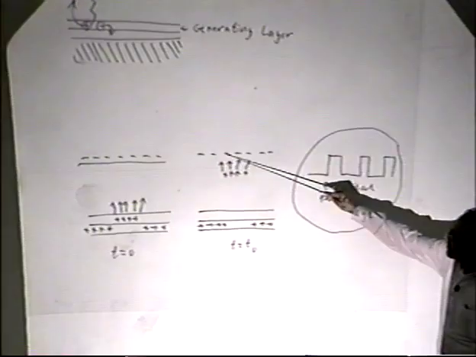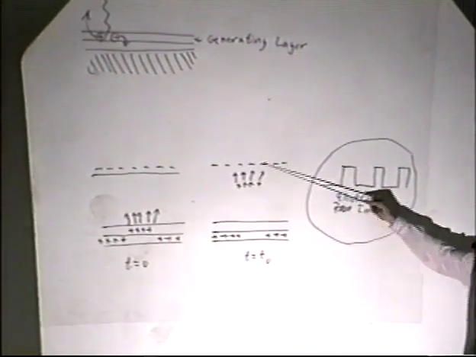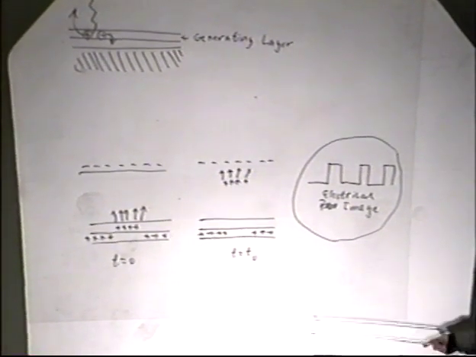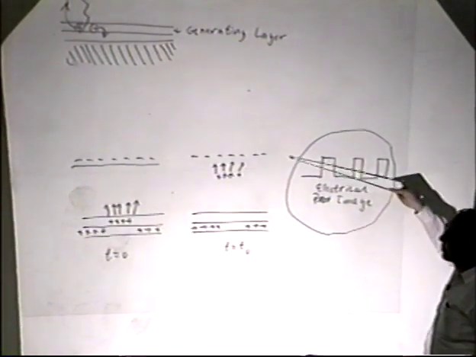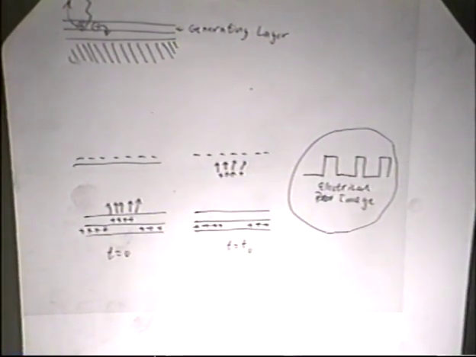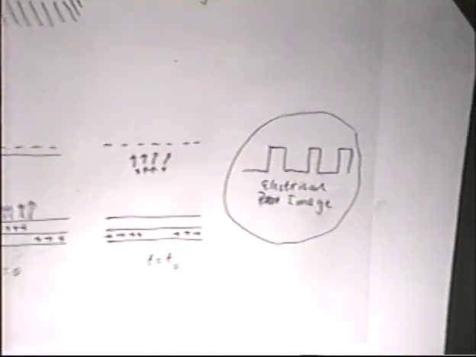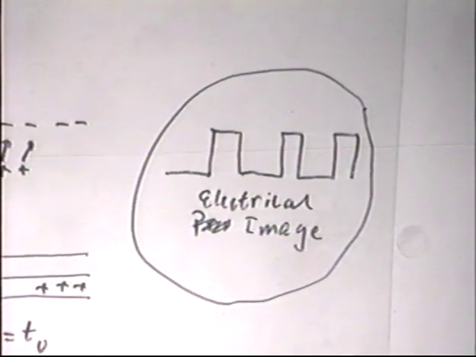Now, as they are coming up here, they are becoming neutralized by the electrons, and the result is that wherever there was white in the document, correspondingly here, there will be a zero charge, and still negative here. So here is a profile of the charge density in this little photoconductor surface.